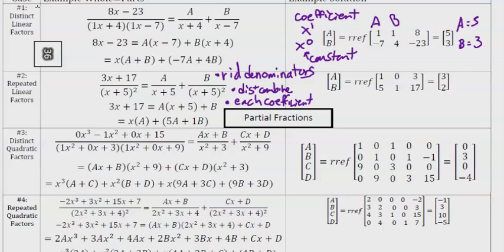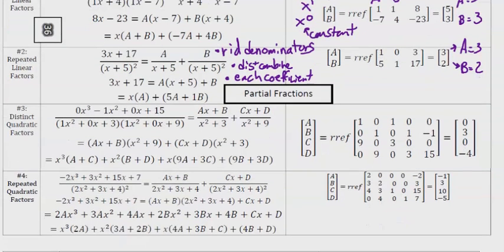The x coefficient equals 3, and the constant coefficient is going to equal 17. So if we set this up as a matrix, we have 1, 0, 3, and 5, 1, 17. When we solve that system, we'll get a equals 3 and b equals 2. And again, you can solve the system however you'd like.